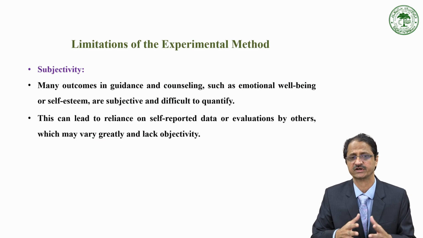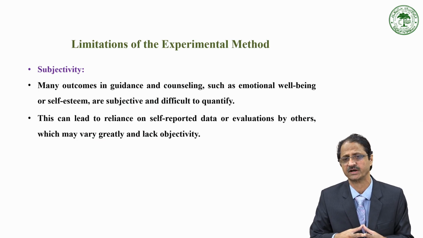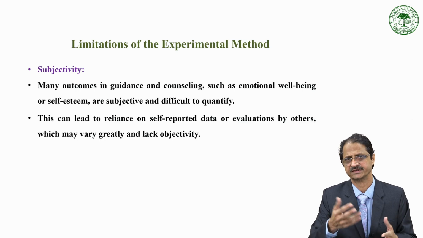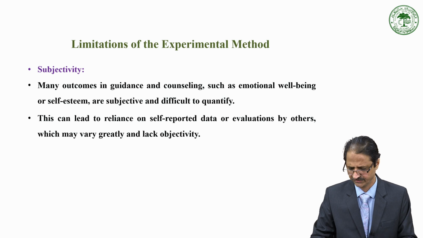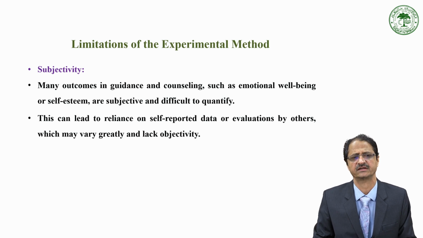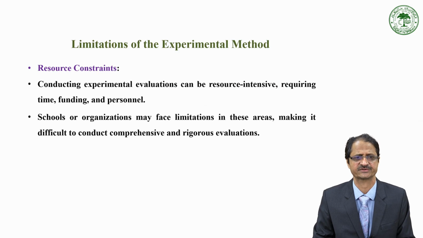So many outcomes in guidance and counseling program, the example is cited in this slide, emotional well-being or self-esteem are subjective and difficult to quantify. It is very difficult to quantify because we are using certain tests, and there is always subjectivity related to that because these are abstract concepts.